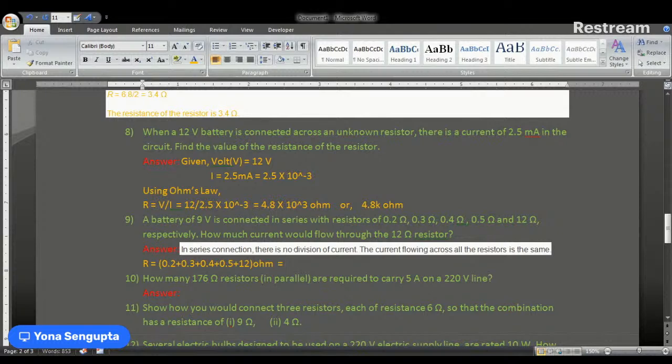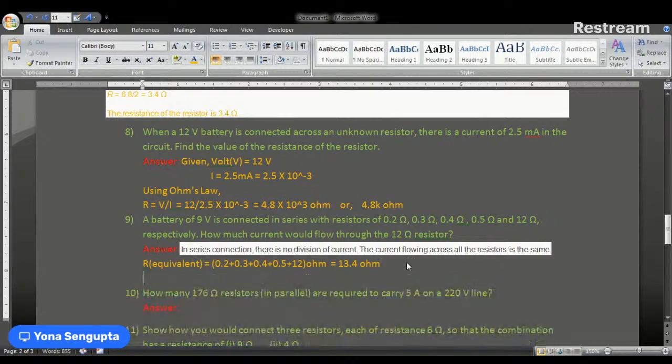So the answer to this would be 13.4 ohm. Okay, so this is the equivalent resistance.